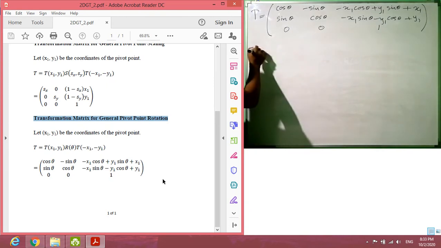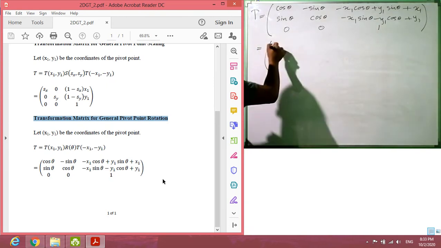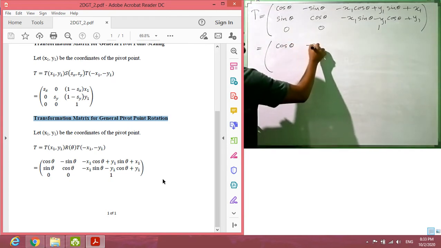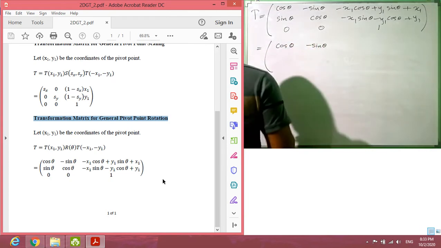Now we can simplify it. See, cos theta, minus sin theta.